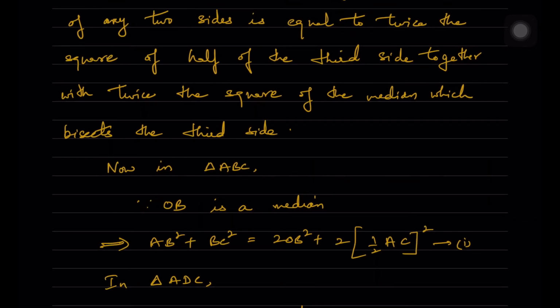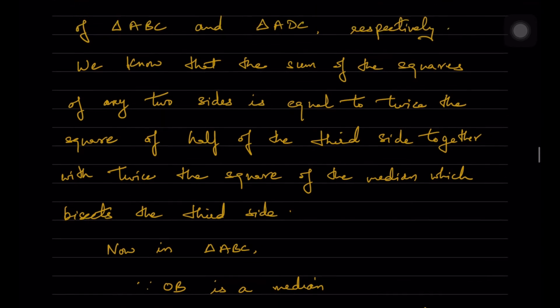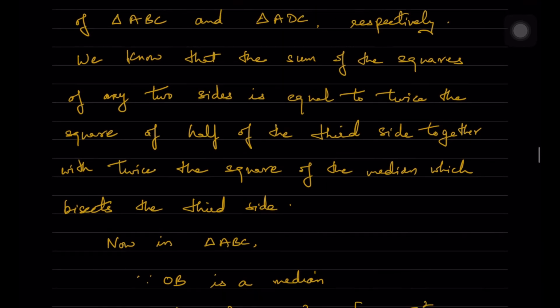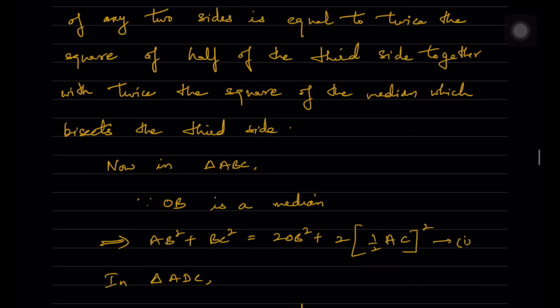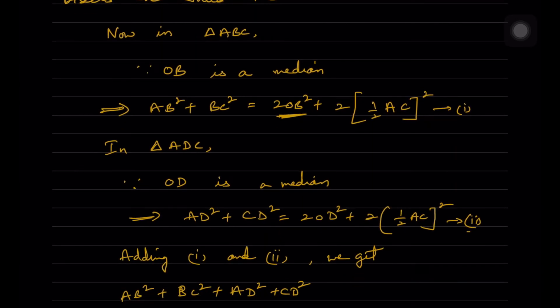So here it is, you can see that sum of squares of any two sides you are taking here, OA is equal to OB, so therefore you are getting 2OB square plus 2 into, it is twice of half of the square of the third side. So which implies, take this as first equation, AB square plus BC square is equal to so much.